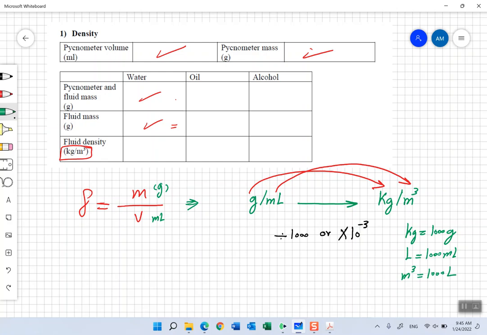And you should be very careful, because we have a division mark here. So you will add a division mark, and you will add another division mark to convert from milliliter to meter cube, right? Easy.